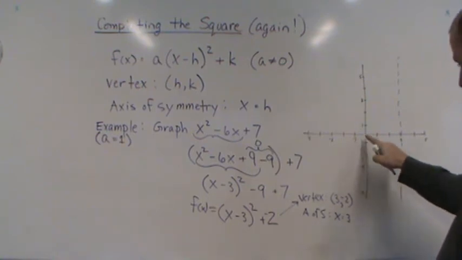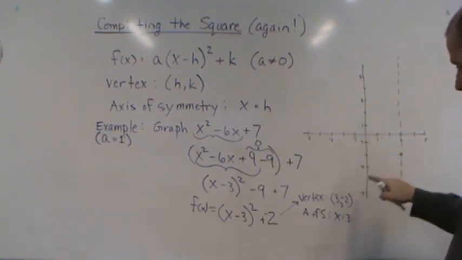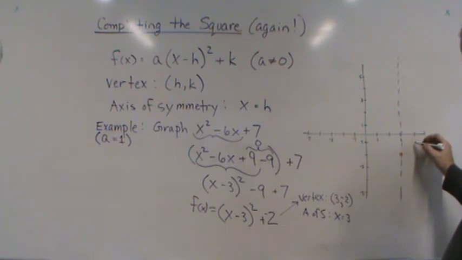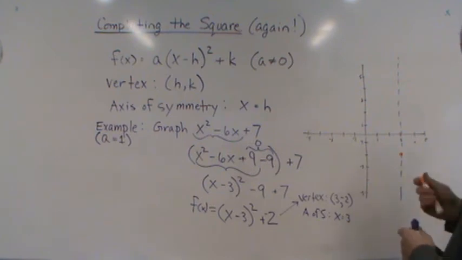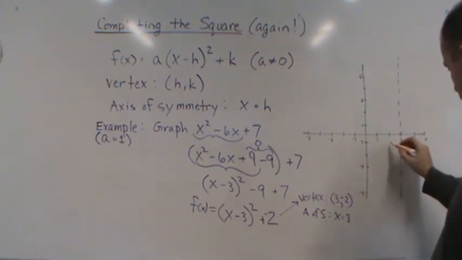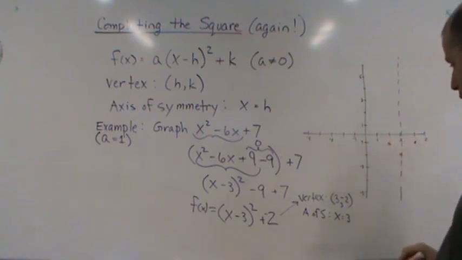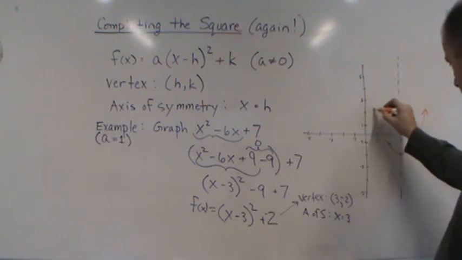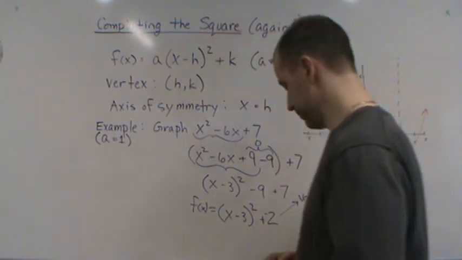So I know if this goes to here, then the next 2 points on either side are going to be at what? 4, negative 1. And at 2, negative 1. And so I know it looks like that.